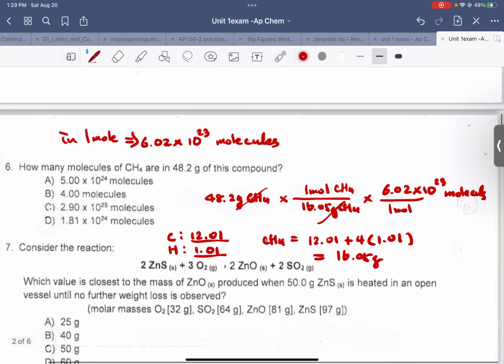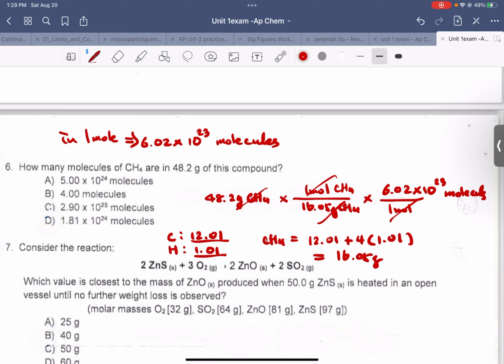I'm doing dimensional analysis. Now this mole cancels, so how many molecules do you have? So 48.2 times 6.02. Some books use 6.022 times 10 to the 23rd, but I don't think that matters, because you can use the answer choices to see which one is closest, times 10 to the 23rd and divided by 16.05.